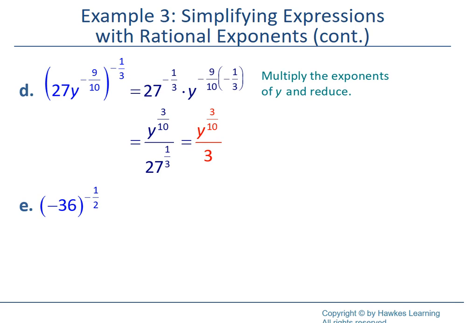Now, here you need to be careful, because this is in a parenthesis now. This is 1. And this becomes a positive 1/2, which is the square root of a negative 36.